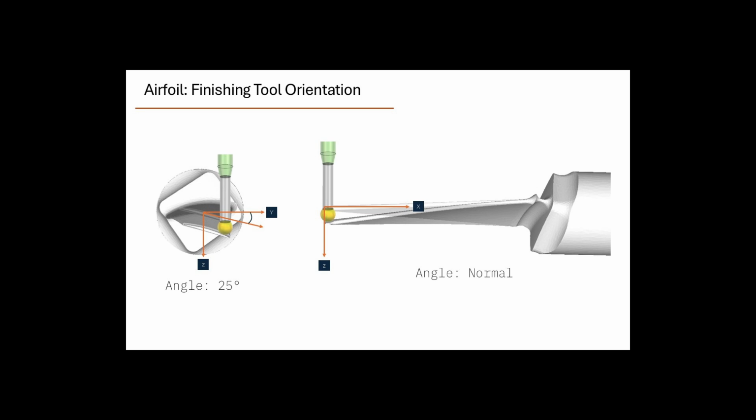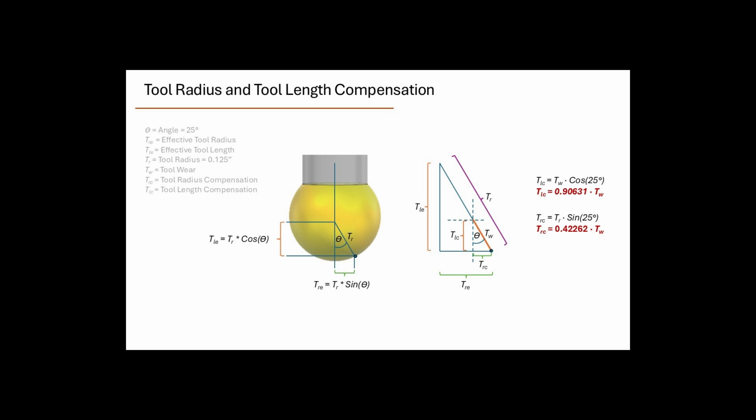So getting into where we're cutting on the tool, we just want to be able to understand the component breakup between tool length and tool radius for the purpose of compensation of the tool wear.